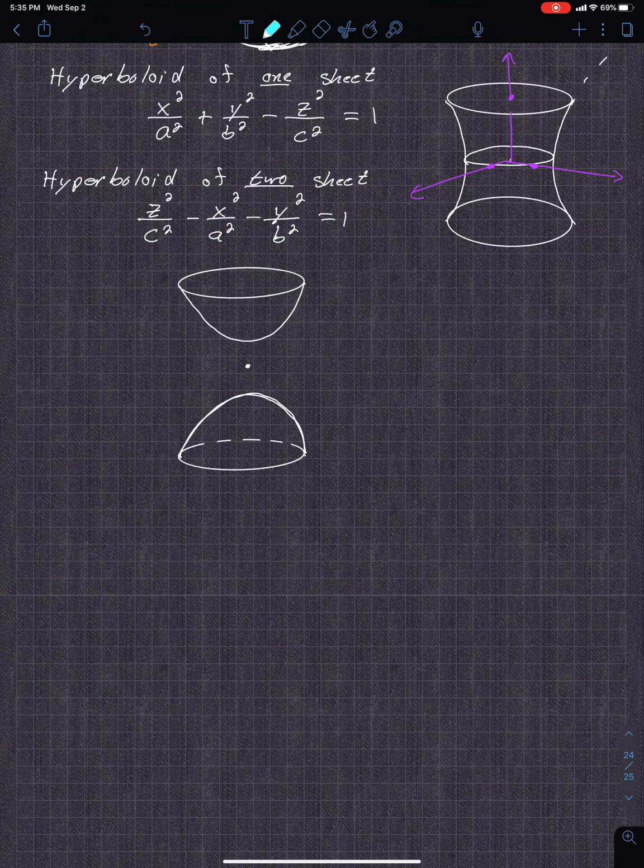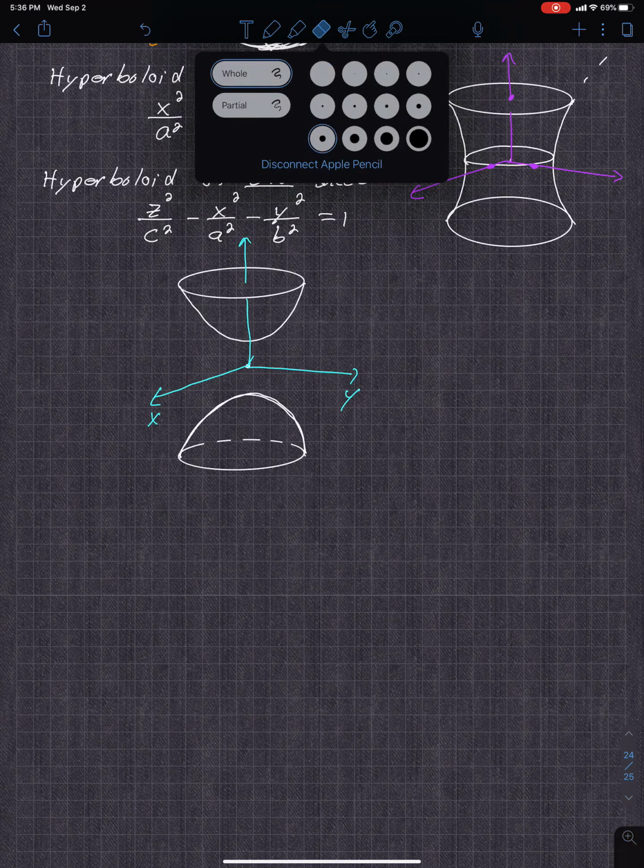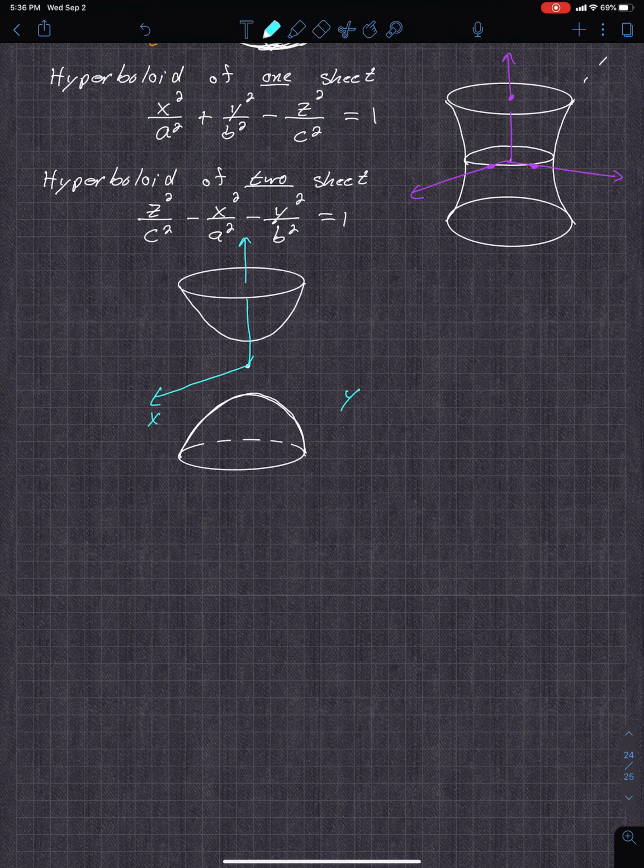So let's do this. There's your z-axis, and this would come out as your x. This would come out as your y. So I didn't draw that very well. Okay, and then there's your y.